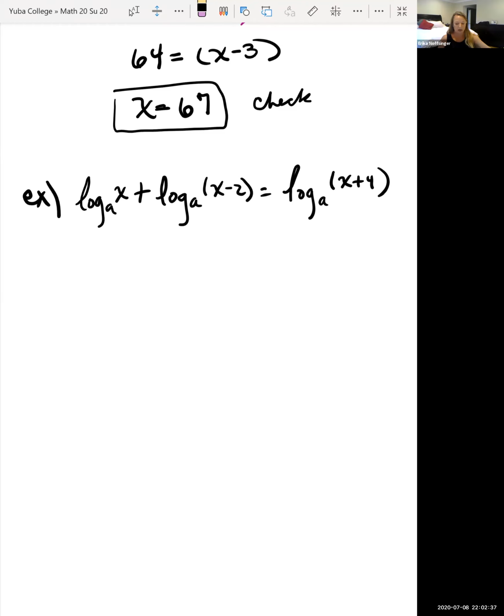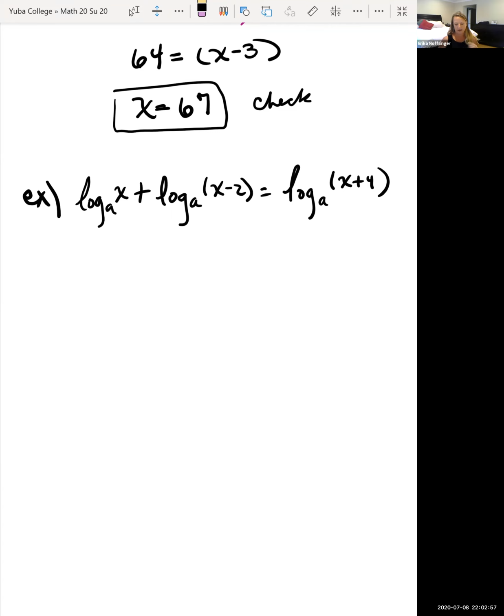So again, you want to rewrite this as a single log on one side of the equation. I notice I don't have any terms in this equation that don't have a log in it. So we could manipulate this to be a log of the same base equal to a log of the same base, and we can just set what we were taking the logs of equal to each other.